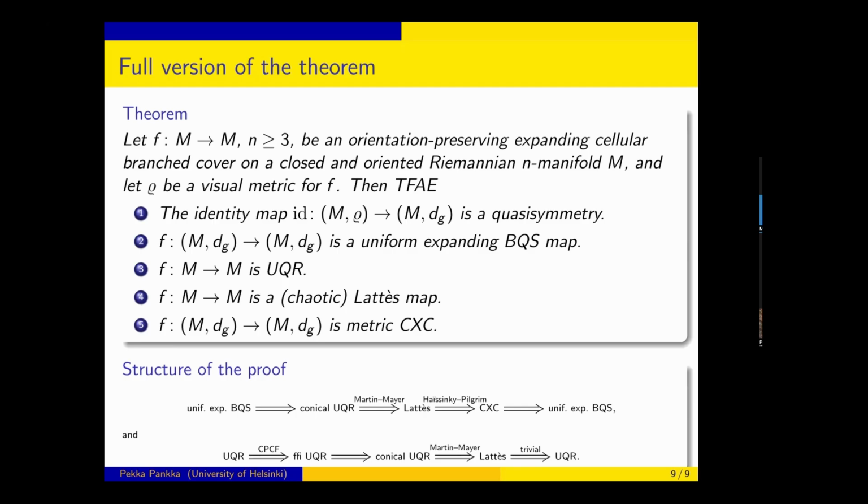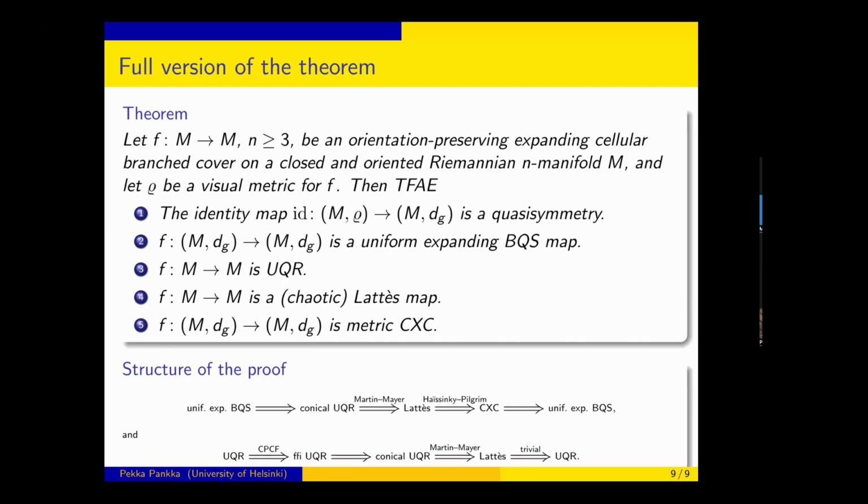Then we have the other line of thought where we start from UQR. Then we use the fact that we have this, I should say cellular, I wrote CPCF, but cellular is enough. So you have the cellular structure for the mapping, and that gives you that you are a UQR map with the extra property of finite forward index, meaning that you take the local index of your mapping and it stays bounded under iteration.